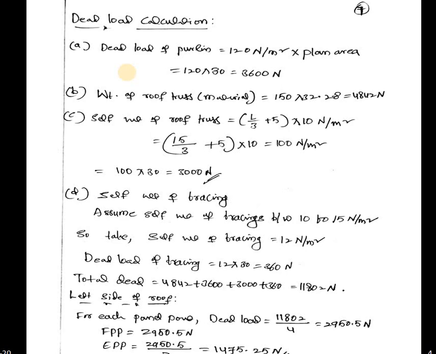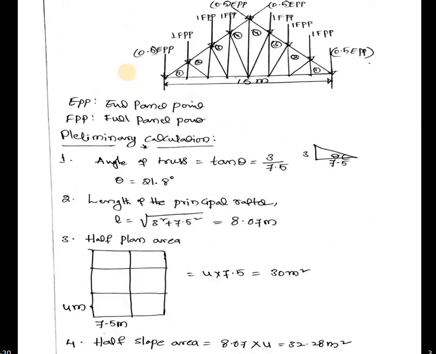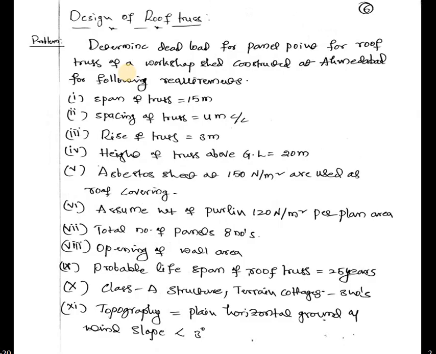But here clearly he is asking only to determine dead load. But if he asks dead load, live load and also wind load, then don't panic, because I am explaining those types of questions also in this problem only.